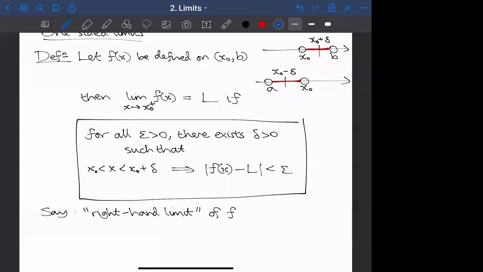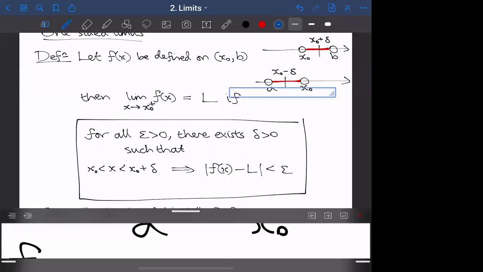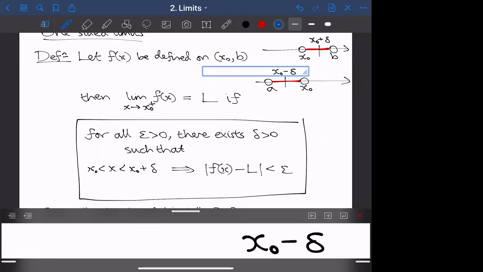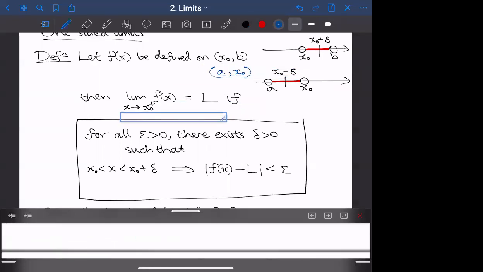So I'm going to write this second definition in blue. I take f(x) to be defined on the open interval a to x0.